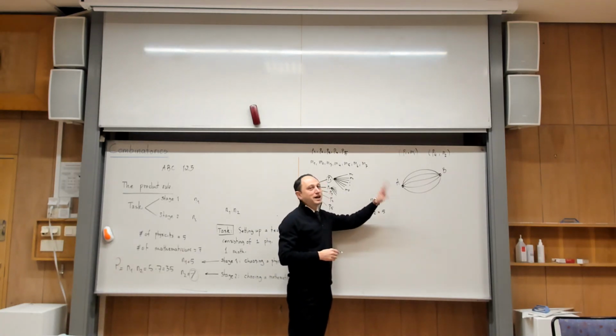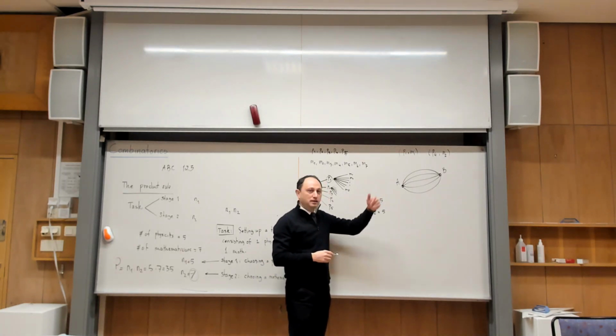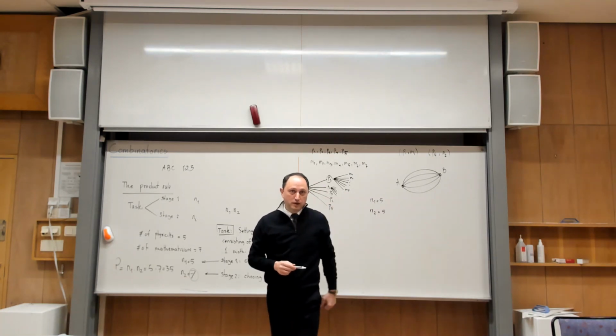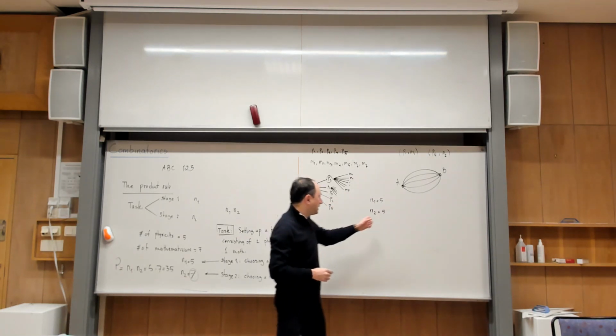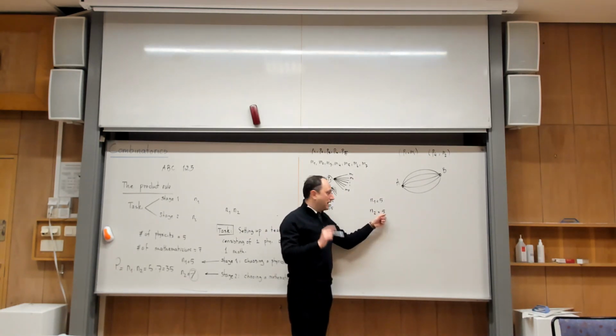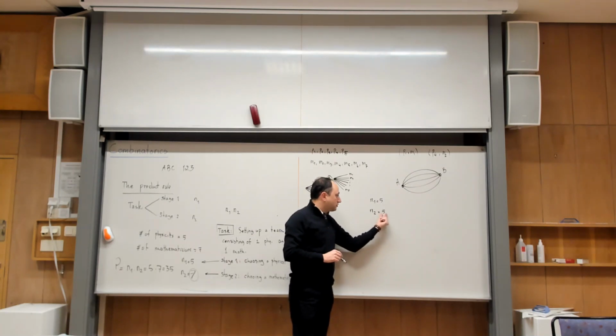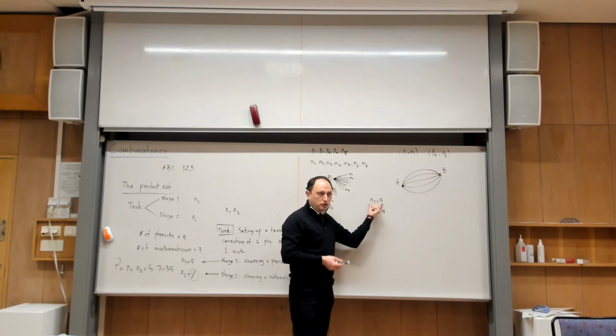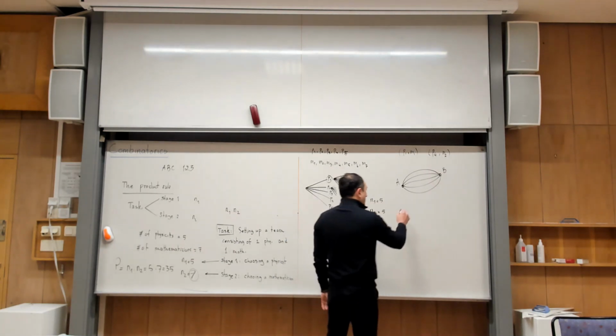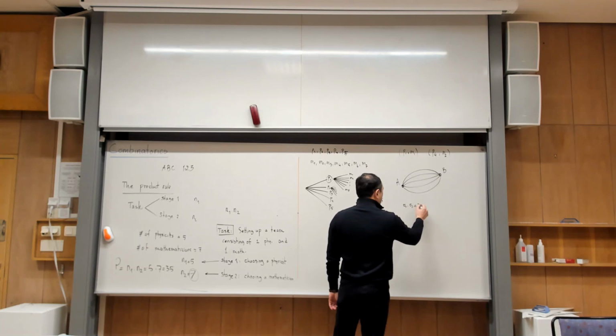I am solving without any constraints right now, and then I will go to that problem. So can I write 5? For writing this 5, do I need information about how the first stage is done? We don't need it. This is always 5, and so the product rule is applicable, so the answer is 5 times 5 is 25.